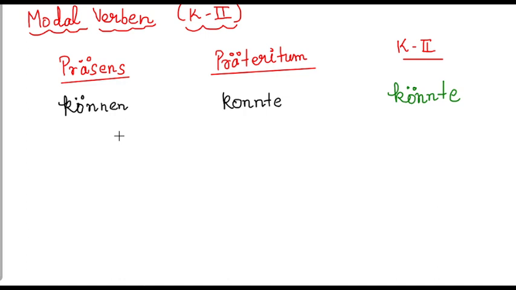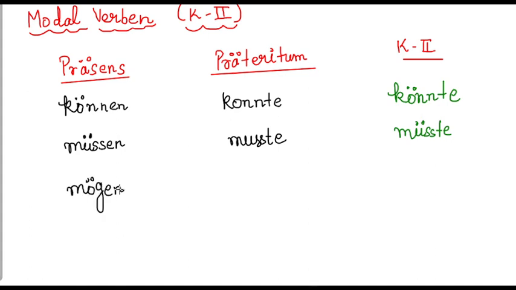Next one is müssen. What is müssen? Something you have to do. So müssen is have to, and its Präteritum is musste. Follow the rule, same as Präteritum but with an umlaut, that is müsste. Simple. Next is mögen.